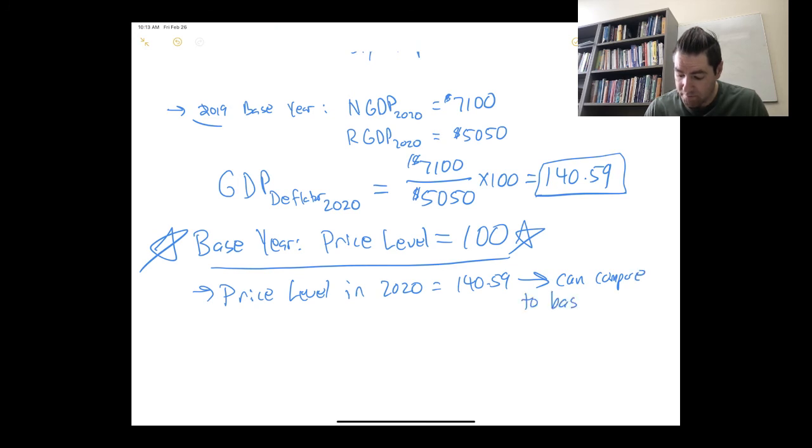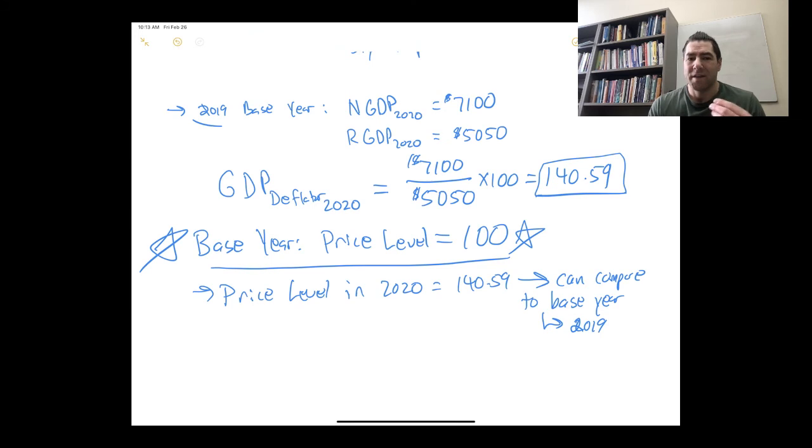It gives me an immediate sense of how much prices have increased since 2019, quite a bit, right? About a 41% increase in prices between the two years.